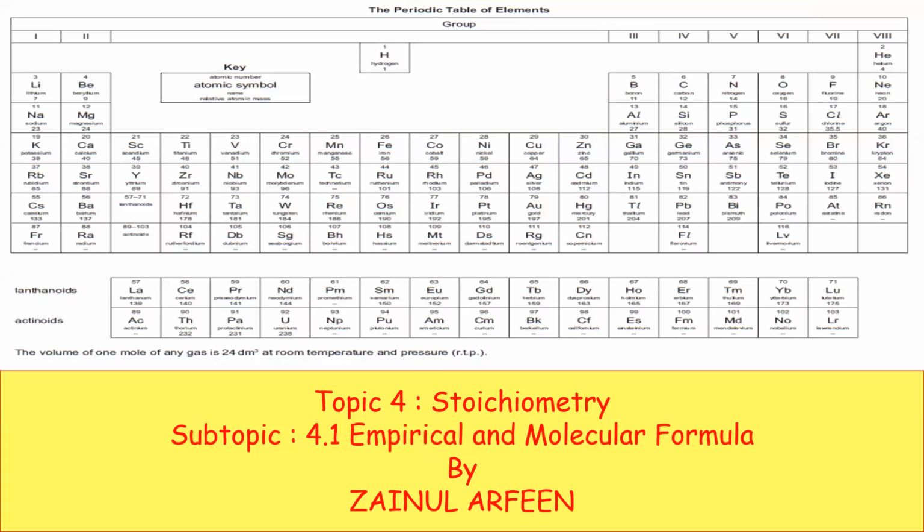How to get the value of n? As this was the question, we had the empirical formula, C4H8N2O. That was the empirical formula, and molecular mass is given, that was given as 200. So we need the molecular formula.